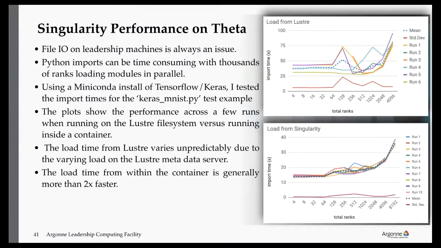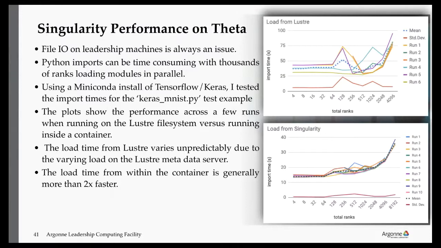And so I did some quick tests using the Miniconda recipe for TensorFlow, and I just ran the Keras MNIST example that comes out of the Keras examples area, and I just measured the import time inside and outside of a container. So the top plot, you see varying numbers of, in this case, just MPI ranks, all of them doing all of the importing that you see in the Keras MNIST example.